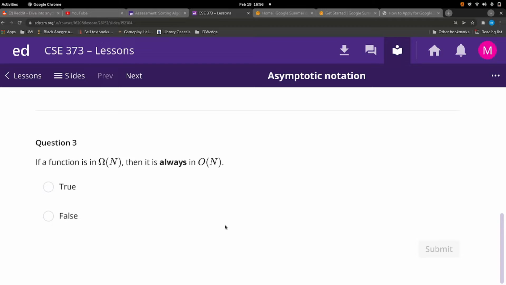That doesn't necessarily mean it is always less than the largest linear function. It could be quadratic, it could be exponential, it could be factorial. It could be a lot of other things. So this would just be false.